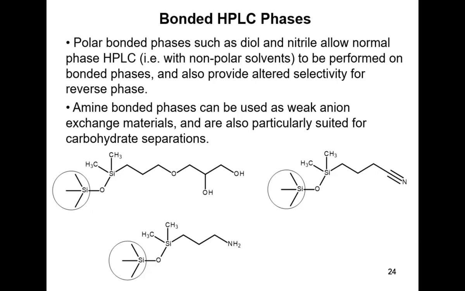Potentially also, though I haven't found proof for this, I'm just speculating here, you may get reversible covalent bonding between certain carbohydrates and amine groups. I may be getting that completely wrong. It's probably more to do with particular hydrogen bonding arrangements.